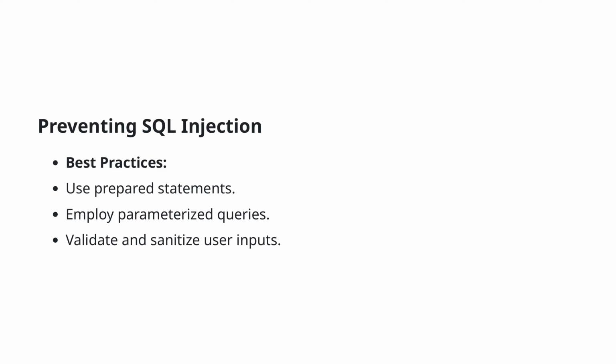Lastly, always validate and sanitize user inputs. This process ensures that any data submitted by users is clean and conforms to expected formats, reducing the risk of harmful injections reaching your database. Adhering to these strategies will significantly bolster your defense against SQL injection vulnerabilities.